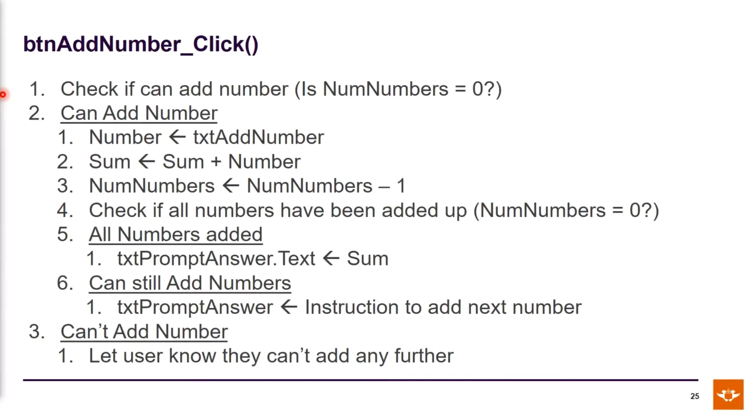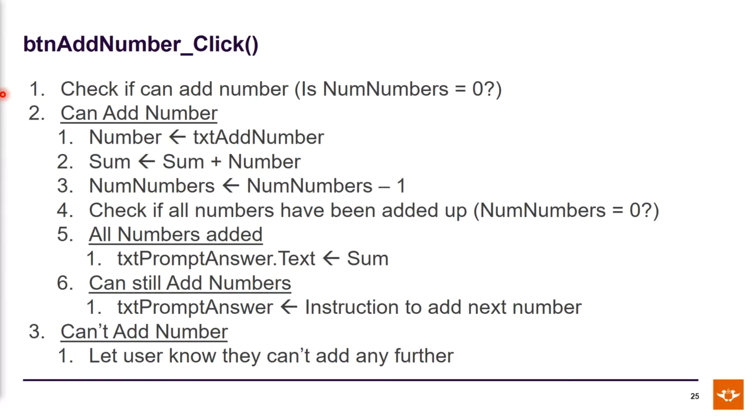And remember, this button needs to track: have you entered the correct number of numbers yet? If you haven't, I'll let you, but if you go over, I'm going to stop you. You may not do it anymore.